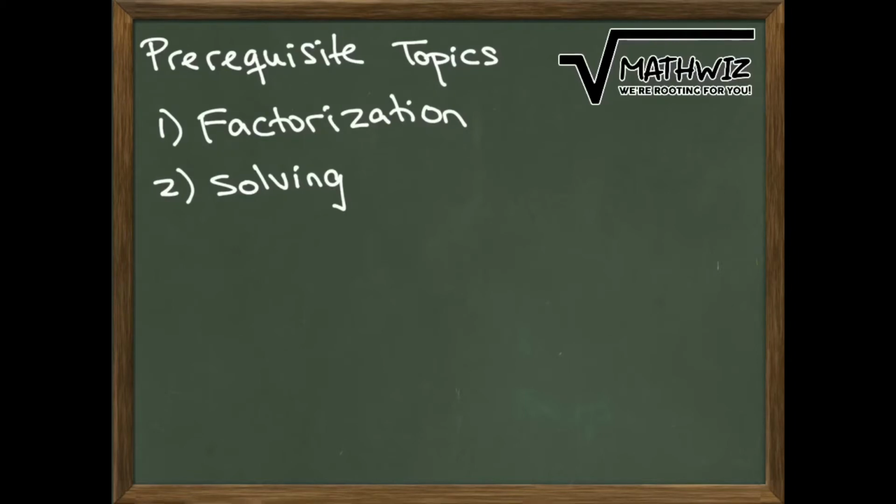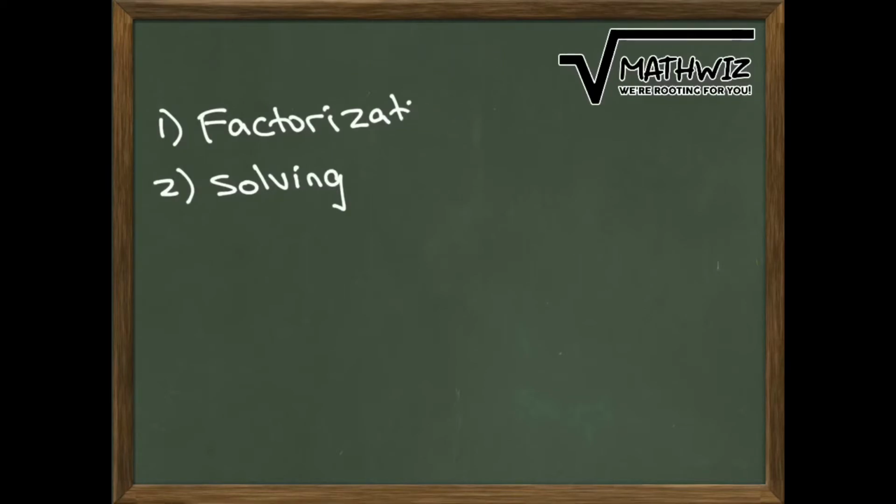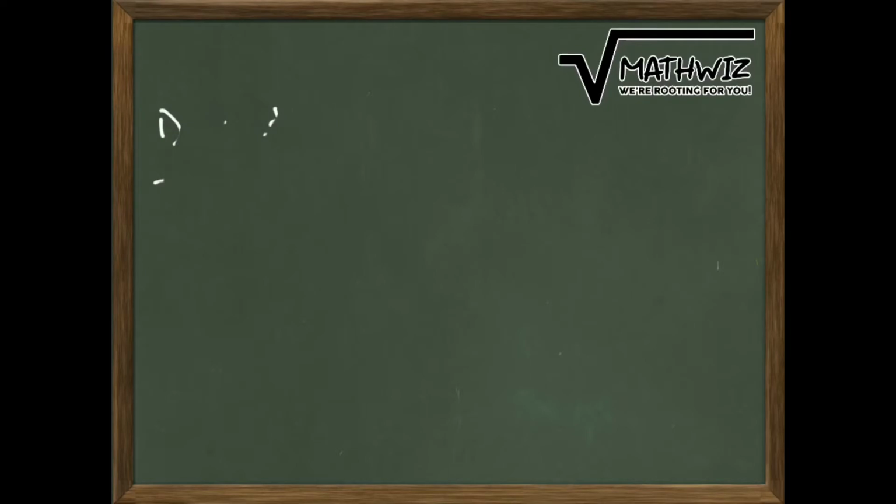And then also solving, because after we factorize the quadratic, we are then going to need to solve. So if you have a problem with solving, you can also click that link, and I believe you will find it useful. All right, so once you have met those prerequisite topics, I would say we are good to go and we can jump right into it.